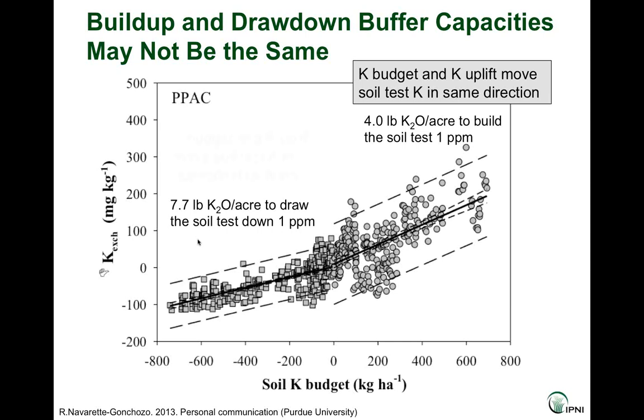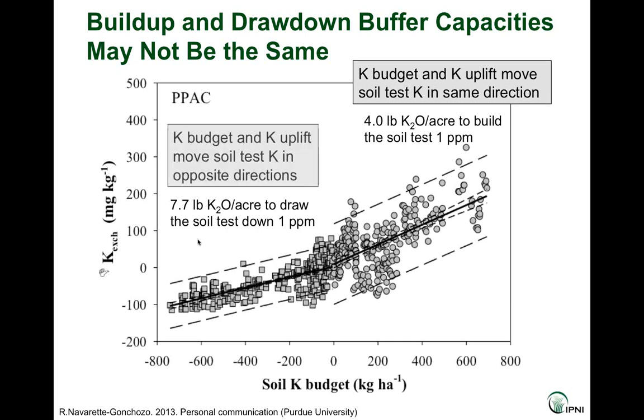So in that case, our K budget and our K uplift are not moving in the same direction. They're moving in opposite directions. The plant is enriching the soil surface, but our overall withdrawal of K is removing K from the soil. And so, because of this uplift, we may have to withdraw more and more K from the soil before we begin to see a decrease in the soil test level as we measure it.